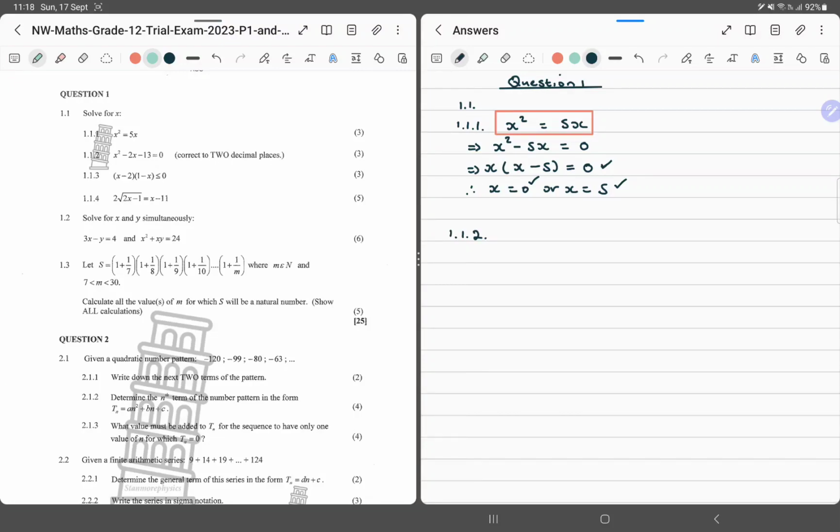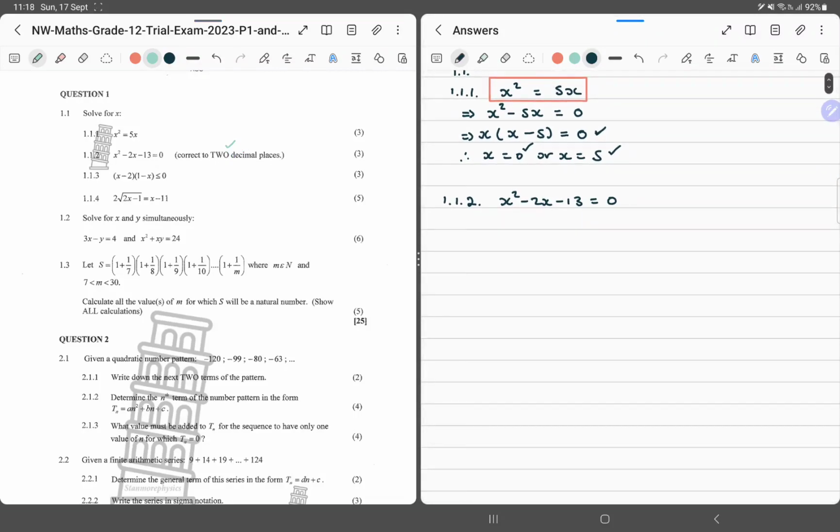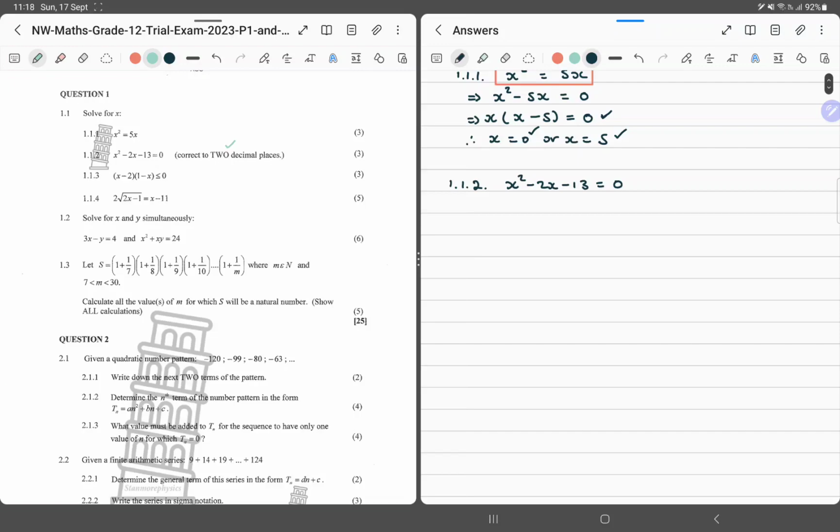1.1.2. We are given x squared minus 2x minus 13 is equal to 0. And the clue here is that we're solving correct to 2 decimal places. So this already says a general quadratic formula is important here. We know that according to that formula, x is minus b plus or minus the square root of b squared minus 4ac, all of that divided by 2a.